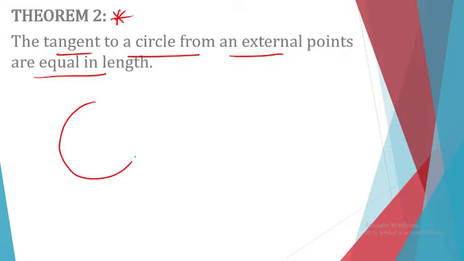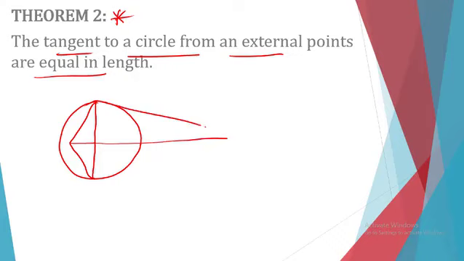We have a circle, and we have this, then we have this. We have this joining this here, and this joining this here. Now you agree with me that these two lines are equal.